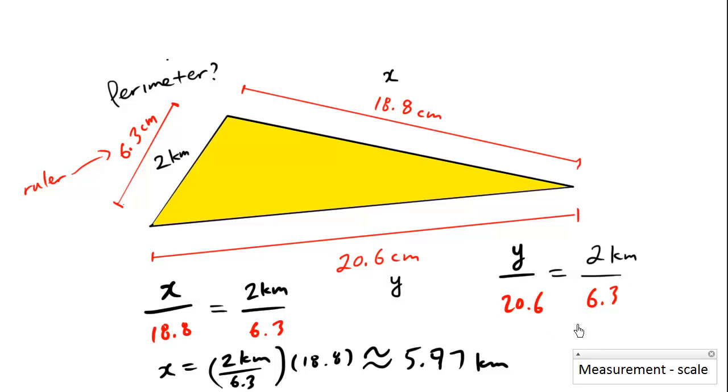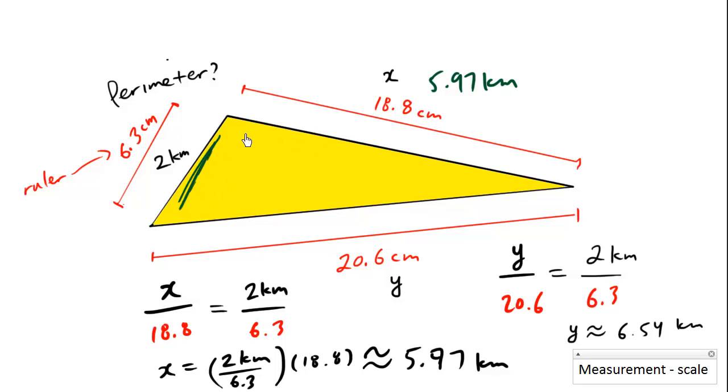And we're going to multiply both sides by 20.6, so we get y is approximately equal to 6.54 kilometers.